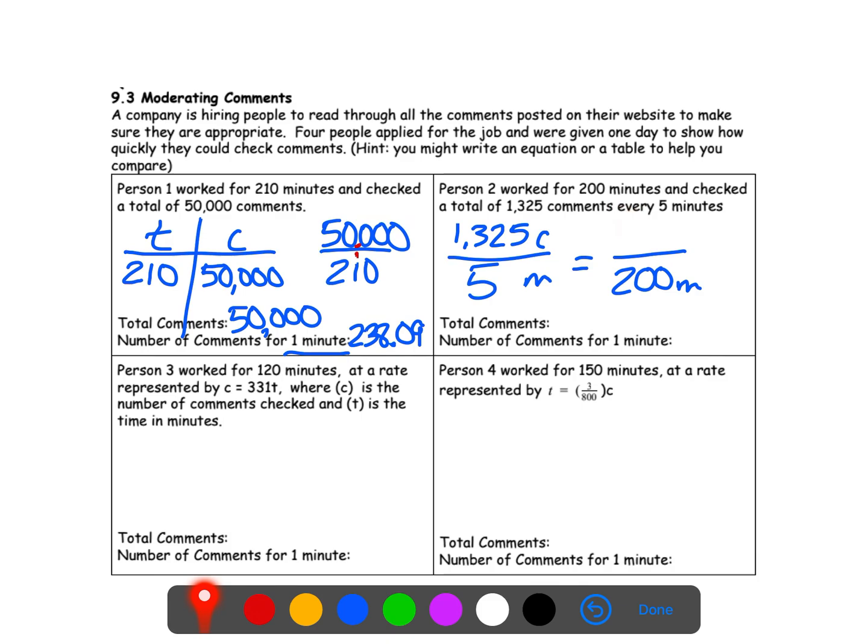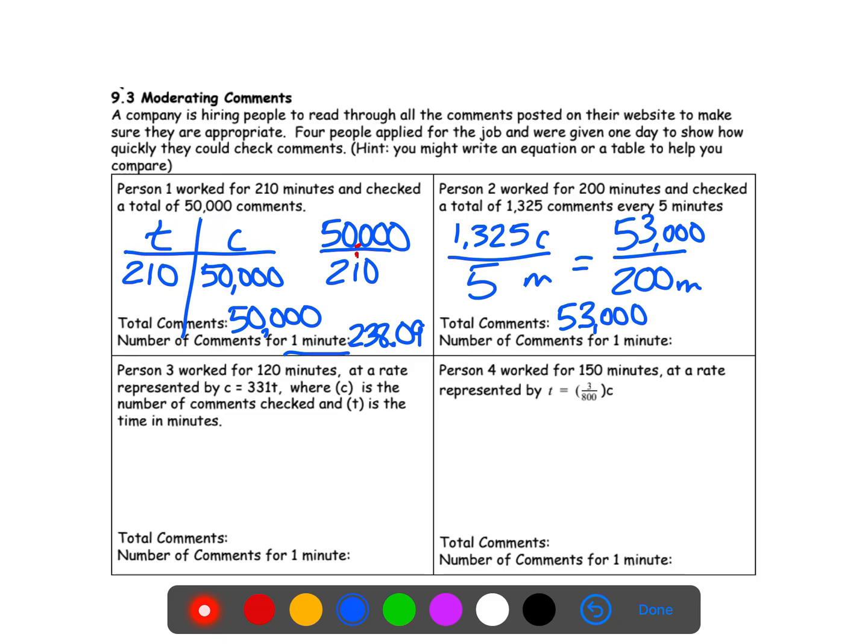So it would be 40, 5 times 40 to get 200 minutes. So I would do the same here as well, 1,325 comments times 40, and that would give me a total number of comments of 53,000. So that's my total.